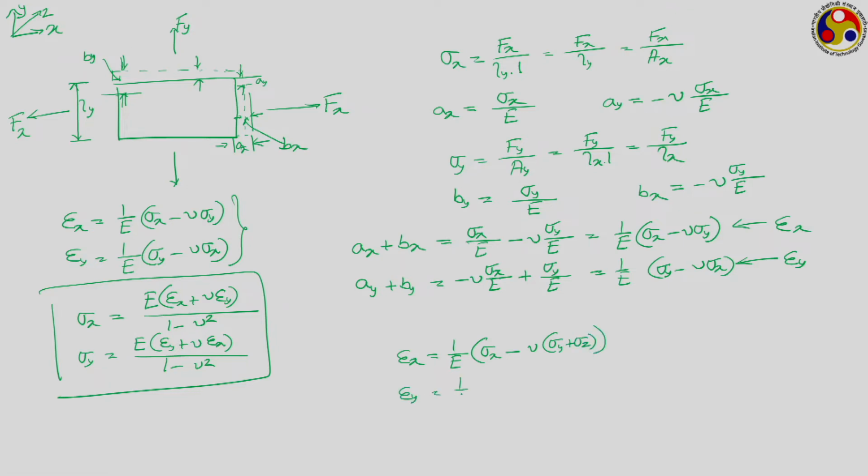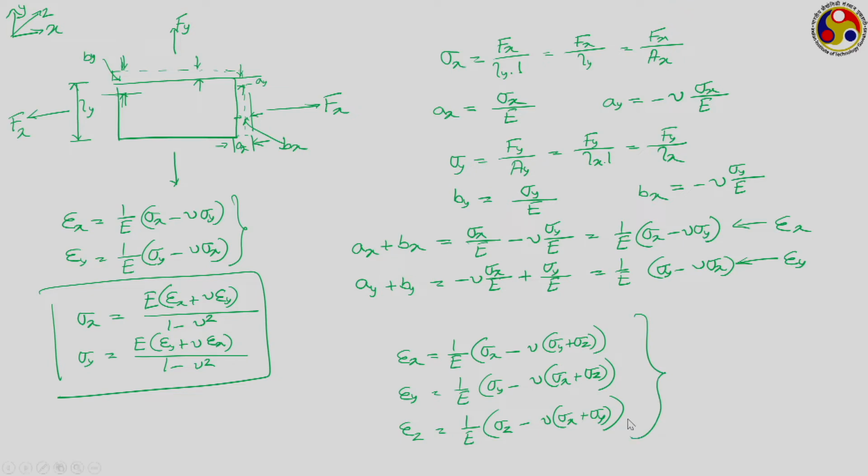Epsilon y will be equal to 1 by E into sigma y minus nu into sigma x plus sigma z. Similarly, the strain in the z direction, the new dimension that is being added, is 1 by E into sigma z minus nu into sigma x plus sigma y.